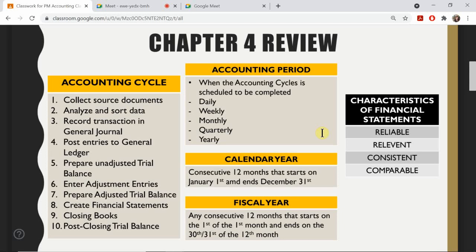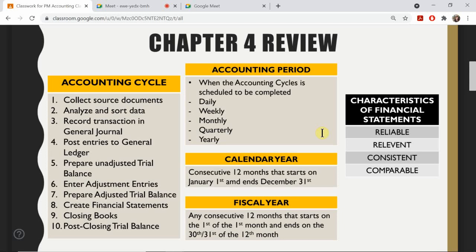Now, I'm not going to require you to know what each step is in detail, because I'm not going to require you to know the steps to close out your books. I just need you to know the very basics, which is understanding how the accounting cycle works and what the steps are. Not what each step is in detail, because for the next 10 weeks, we're only going to be looking at steps 1 through 3.